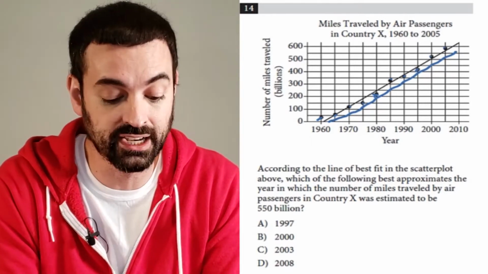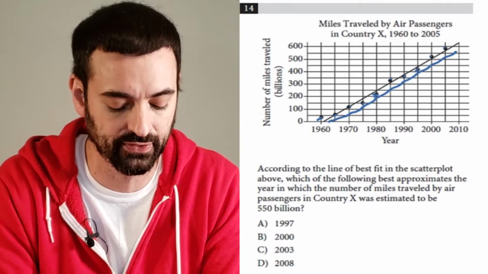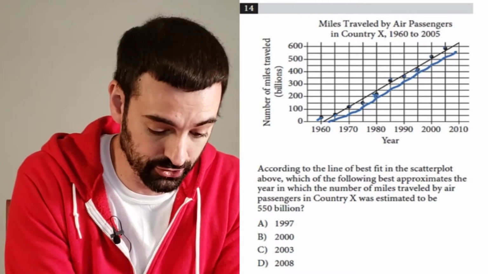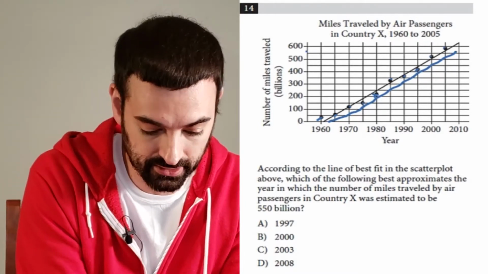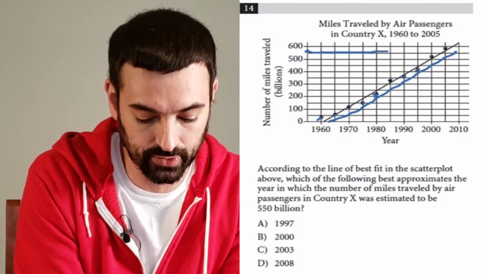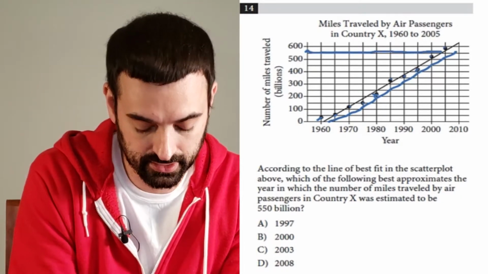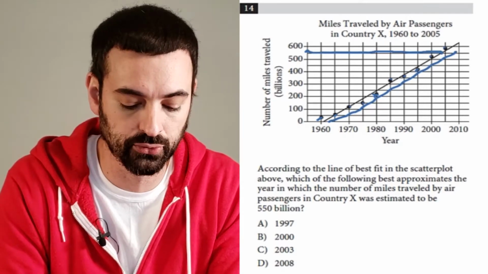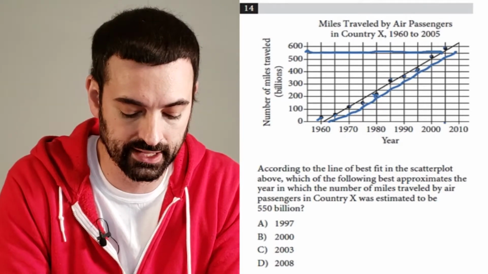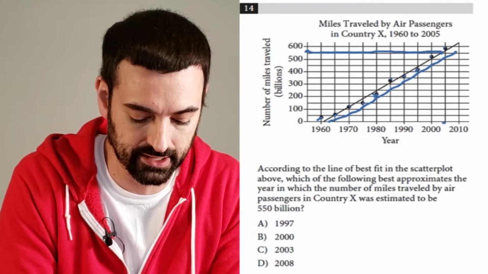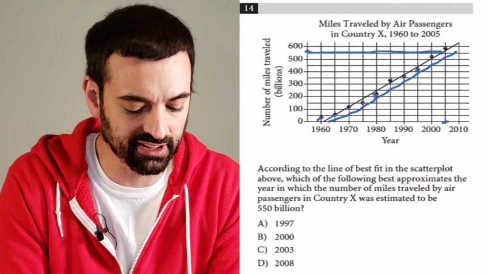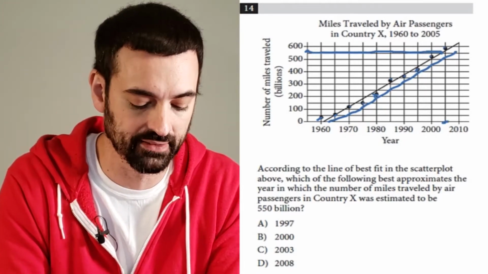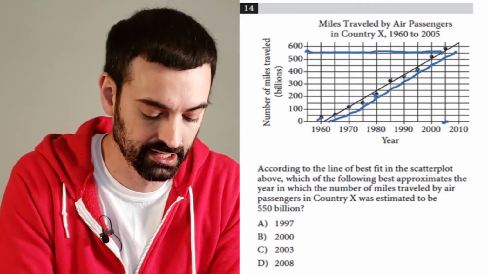So all we do here is pay attention to the line of best fit. We're going to go up to 550, and we're going to follow it until we hit the line of best fit, and that's between 2000 and 2005 right there. And so something between 2000 and 2005 is going to be our answer choice.